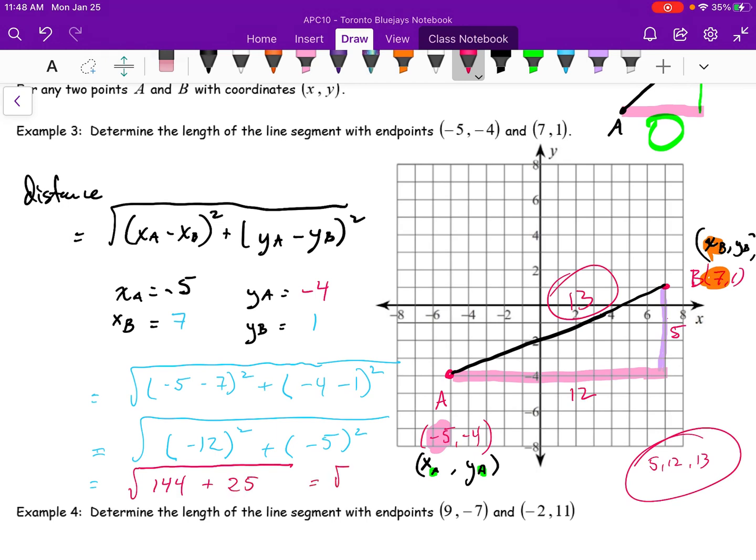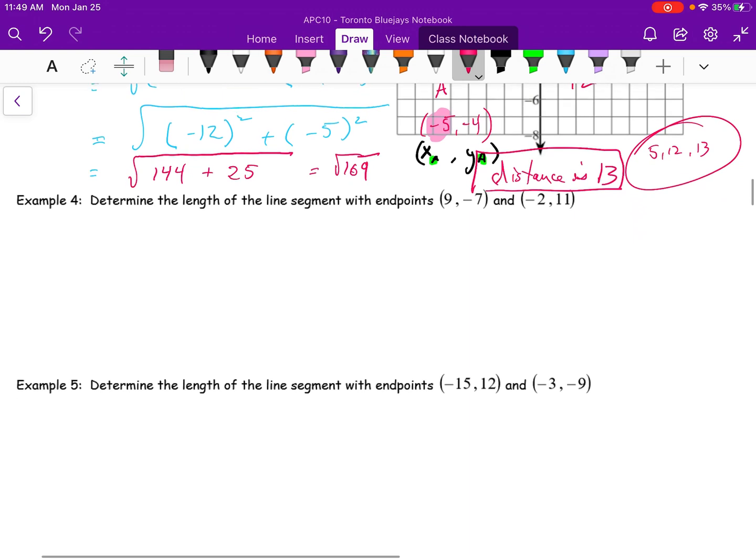What I get is the square root of 169. Therefore, the distance is 13. The square root of 169 is exactly 13. Well, that worked out well.